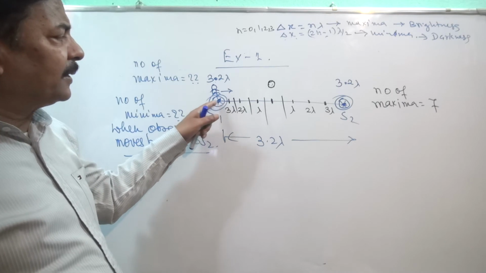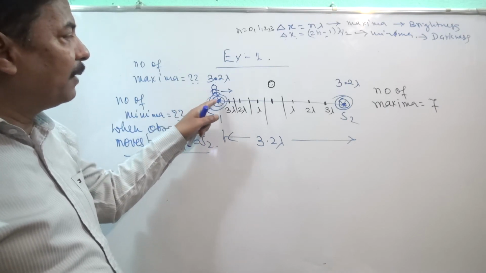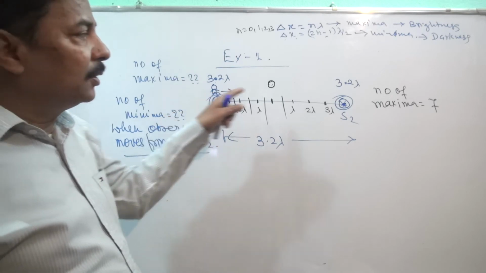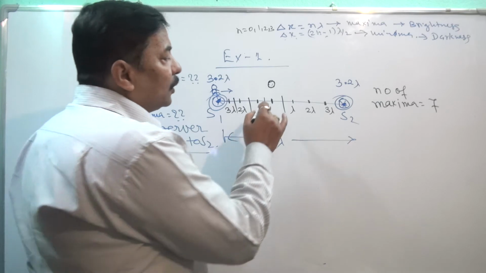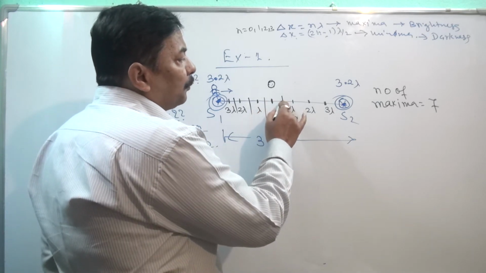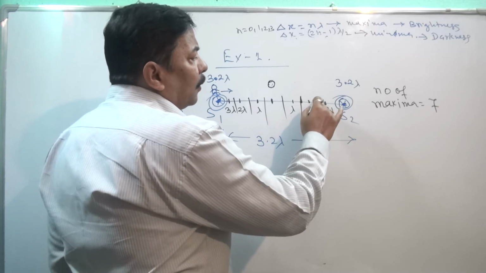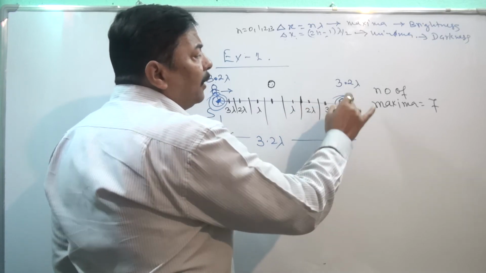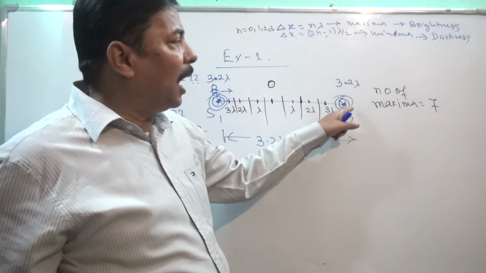We cannot get 7 lambda by 2, because here it is 3.2, and 3.5 lambda is outside this line. So here lambda by 2, here 3 lambda by 2, here 5 lambda by 2, and then we cannot get more, because after 3 lambda, 3.5 lambda will be outside this line.